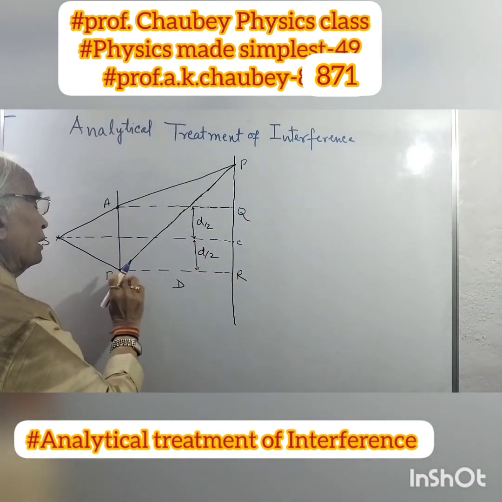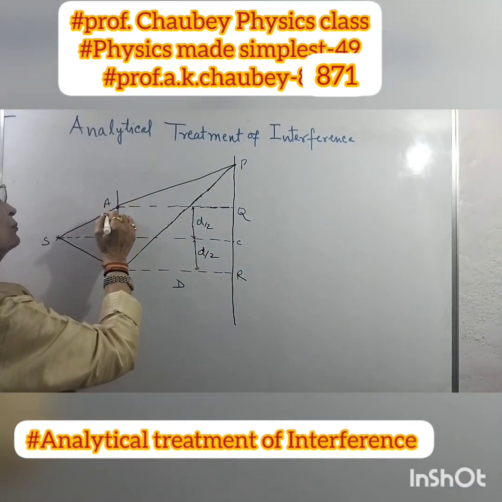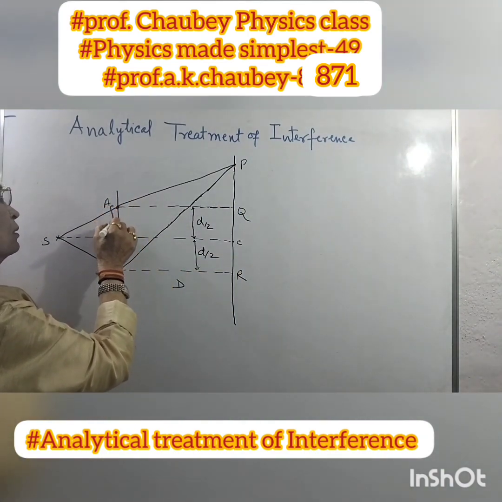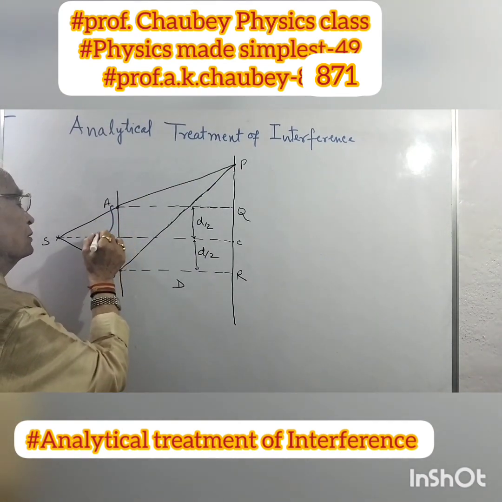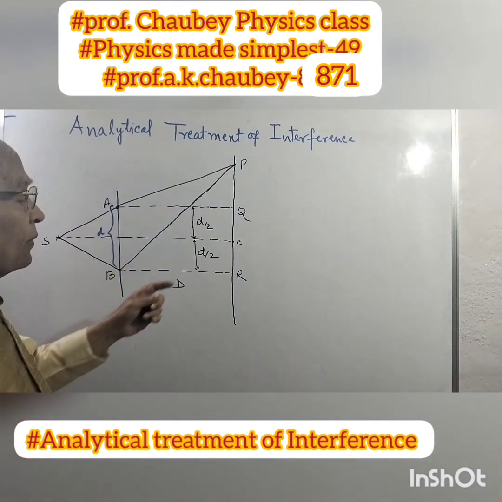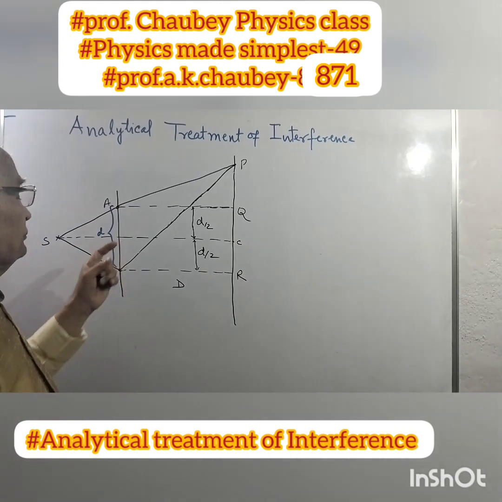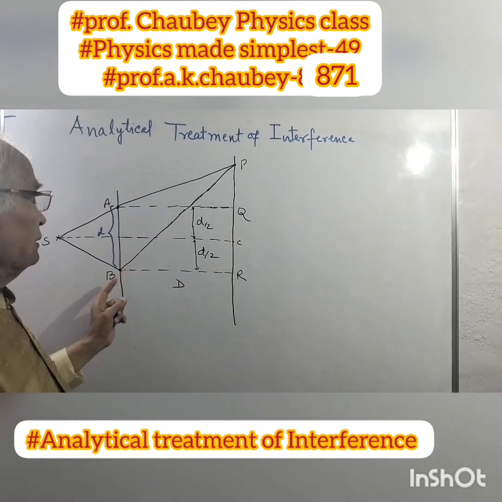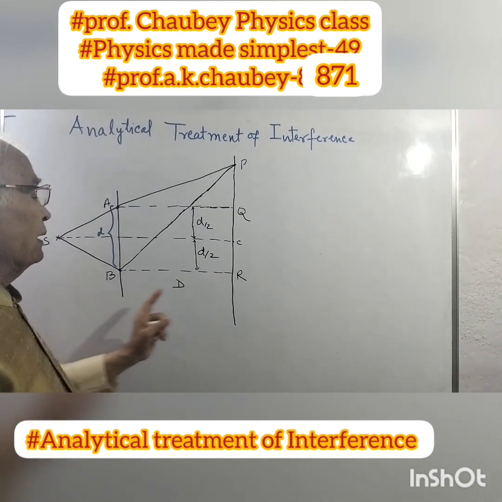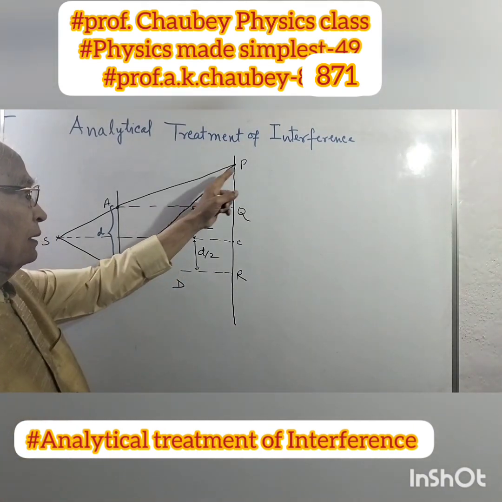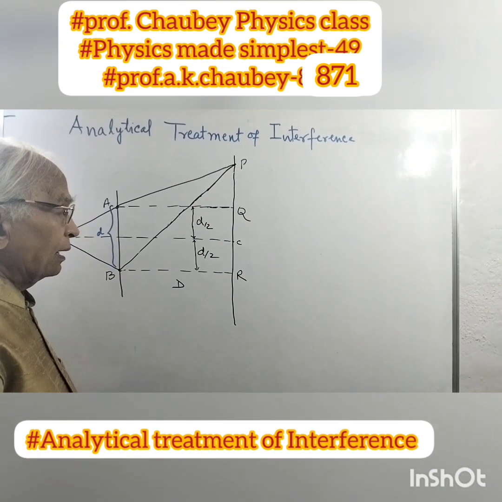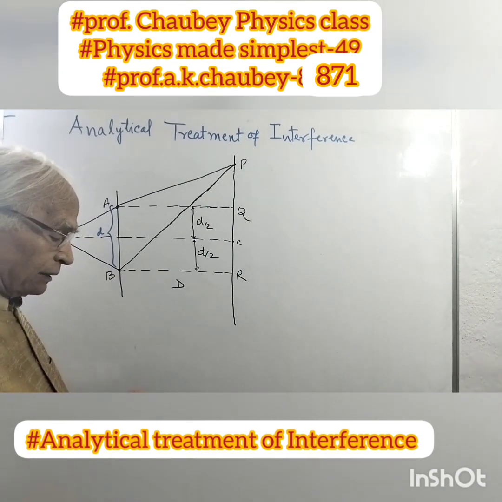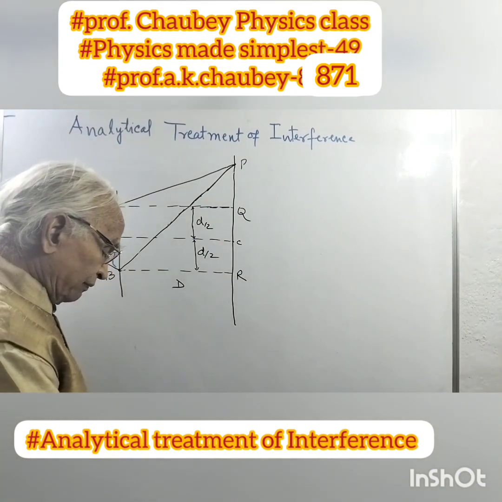So the distance between the two sources is d. And capital D, I told you, is the distance between the source and the screen. And P is the point where we are considering the light meeting and producing interference.